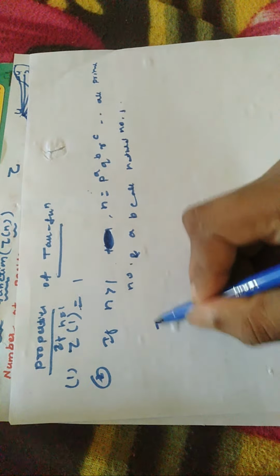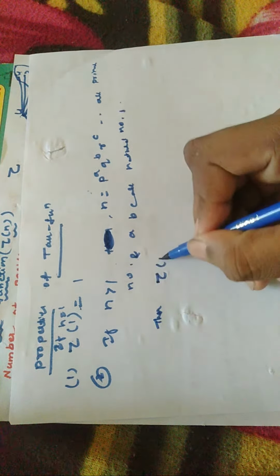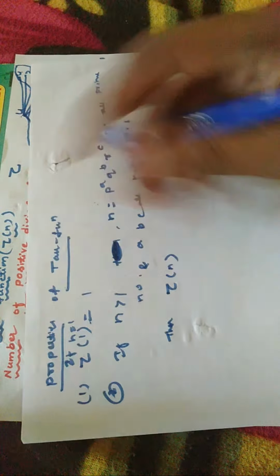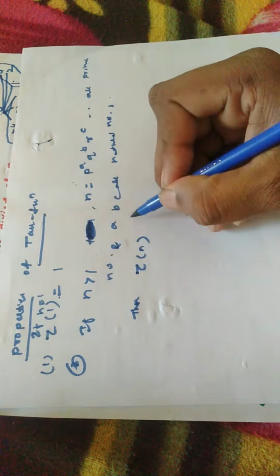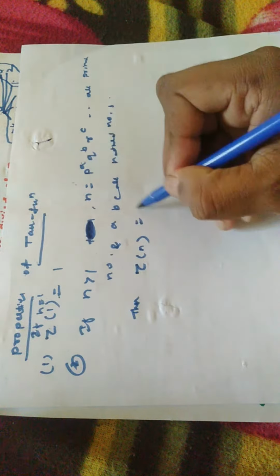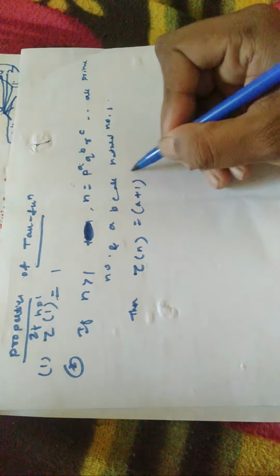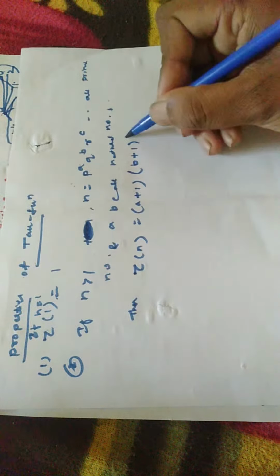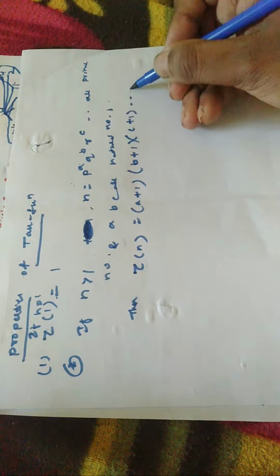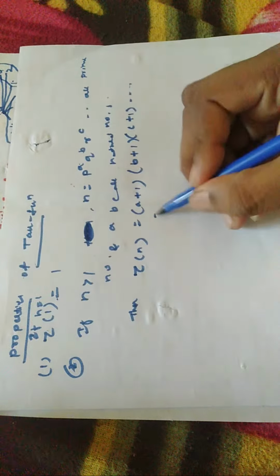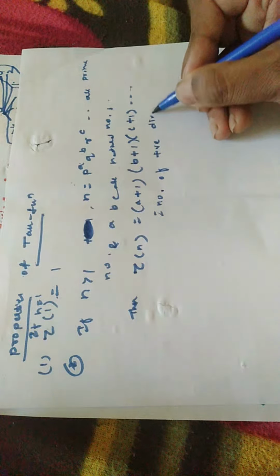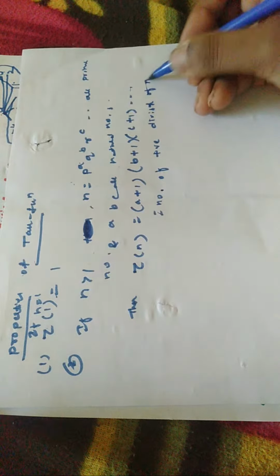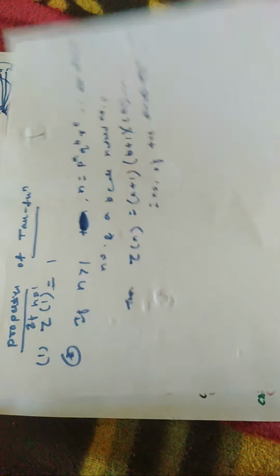Then tau of n is equal to (a plus 1)(b plus 1)(c plus 1), and so on. This gives the number of positive divisors of n.